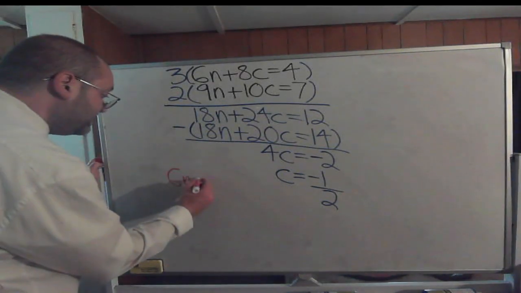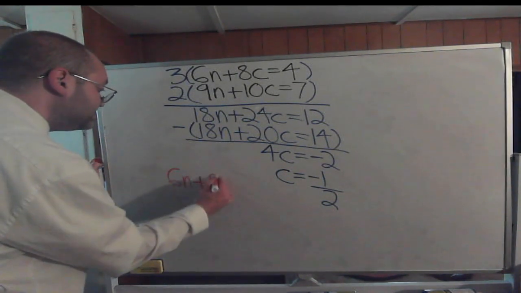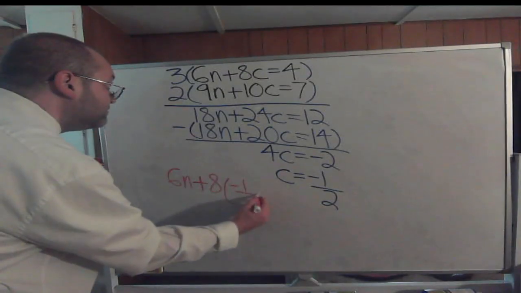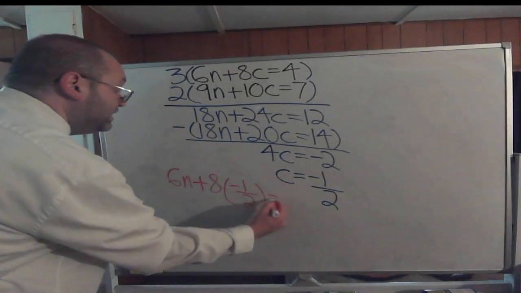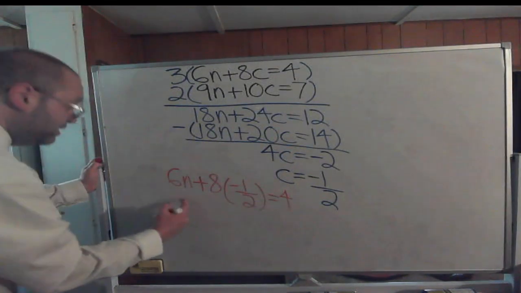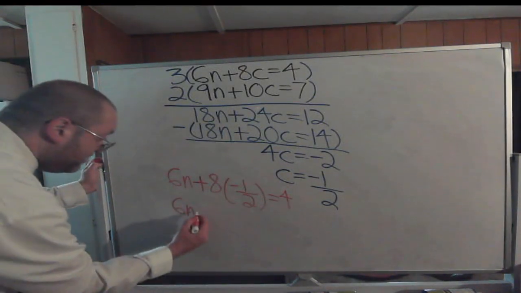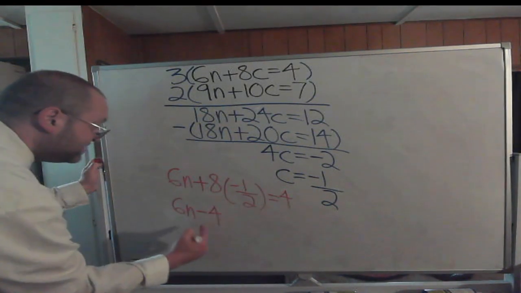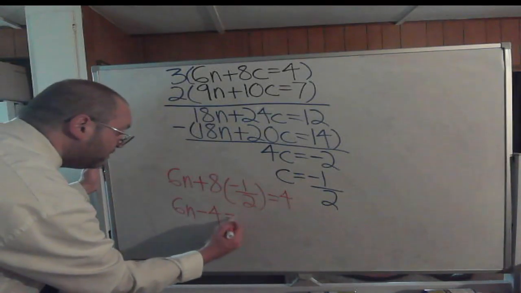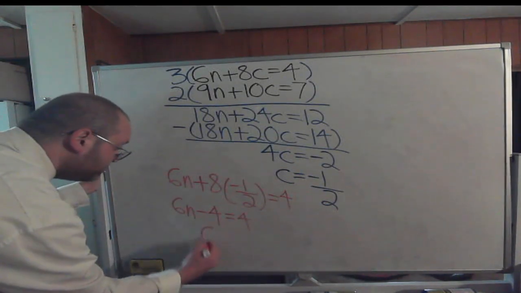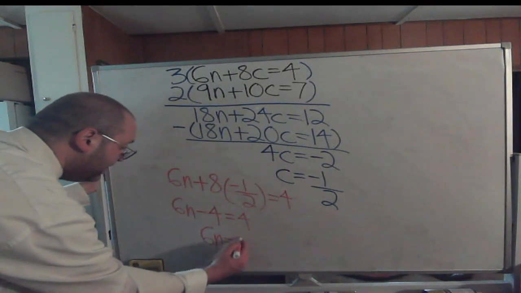So you'll have 6n plus 8 times negative 1/2 would be equal to 4. Well, you'll have 6n. Now 8 times negative 1/2, that's negative 4. So you'll have 6n minus 4 equals 4, which means 6n would equal 8.